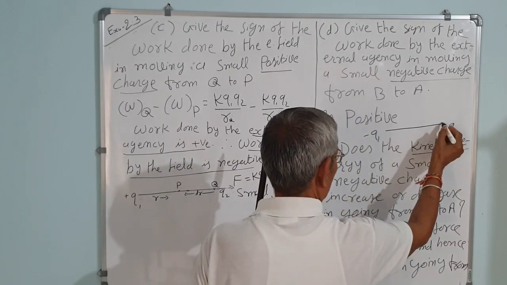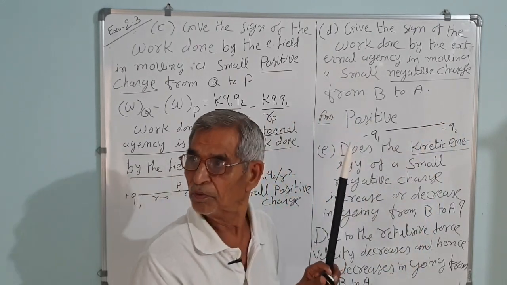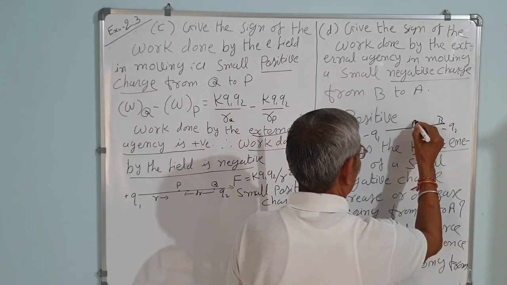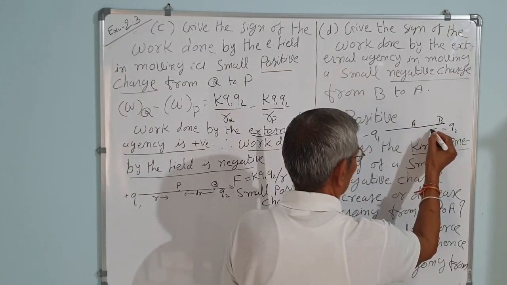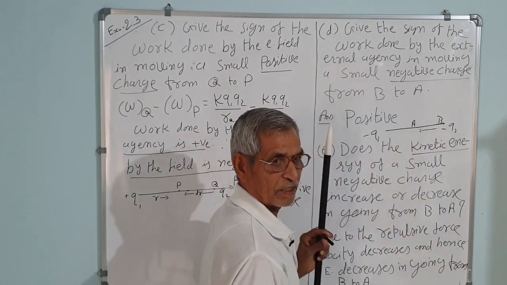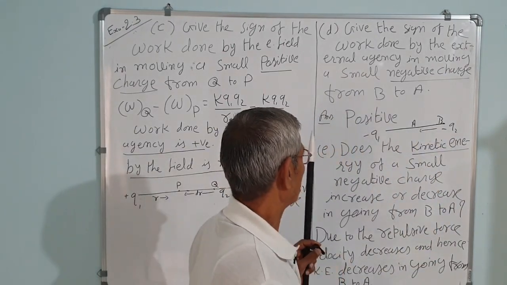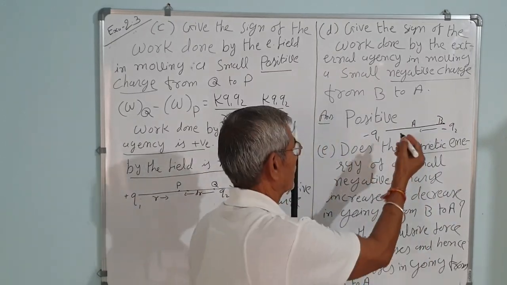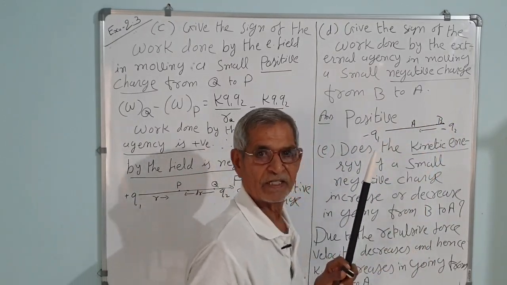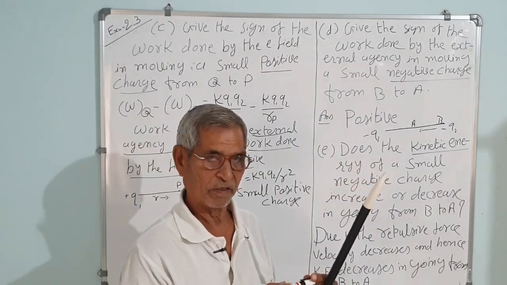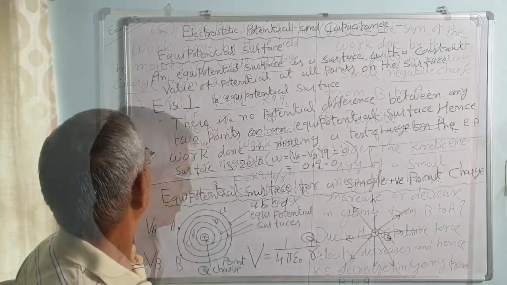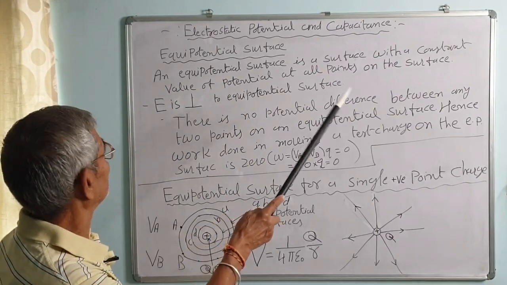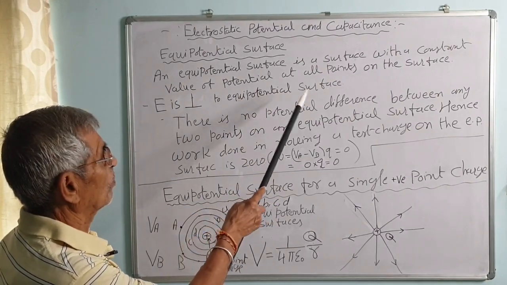So we bring from B to A. There is a repulsive force, so velocity will decrease and kinetic energy will decrease. But if it goes from A to B, that is not asked, but if it is given like that, then kinetic energy will increase.